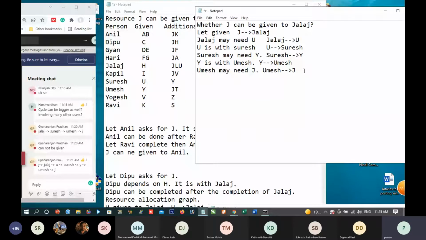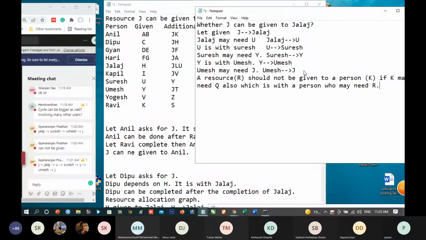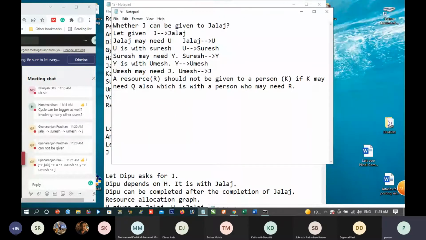A resource R should not be given to a person K if K may need Q also, which is with a person who may need R. Okay, let us see.